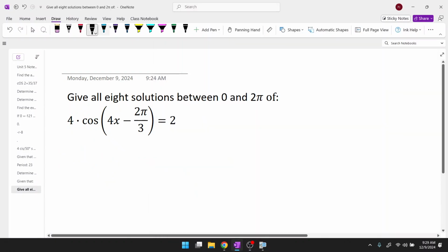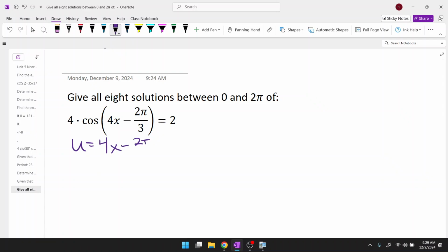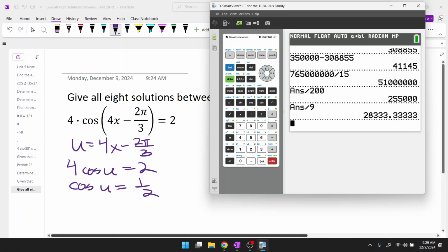We let u equal to 4x minus 2 pi over 3. Yeah, 4 cosine of u equal to 2. Cosine of u is going to be 1/2.